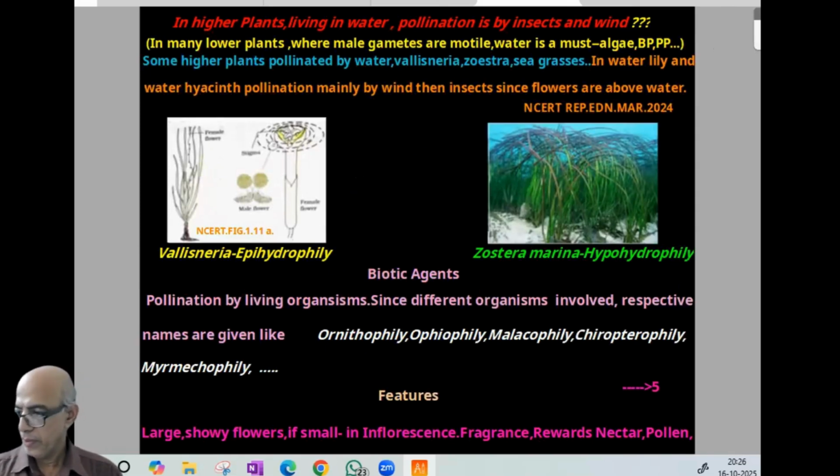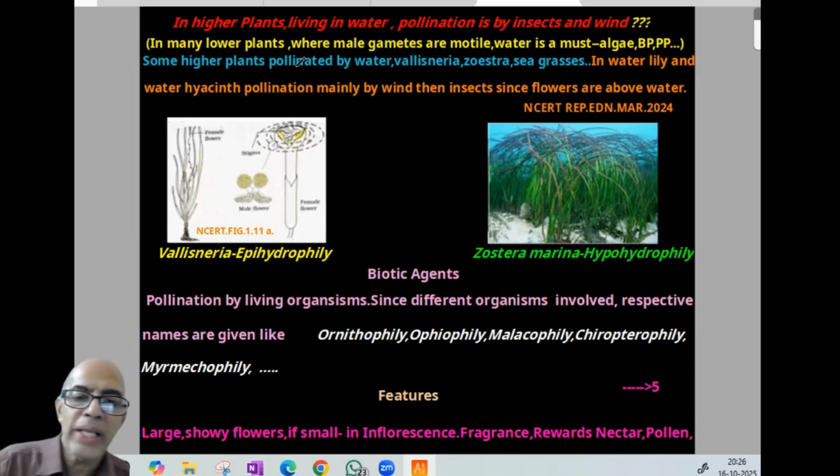In most higher plants living in water, pollination is by insects or wind. A famous question. For that, we have to trace the evolution. In many lower plants where male gametes are motile, water is a must. You already know that in algae, bryophytes, and pteridophytes, male gametes are motile.